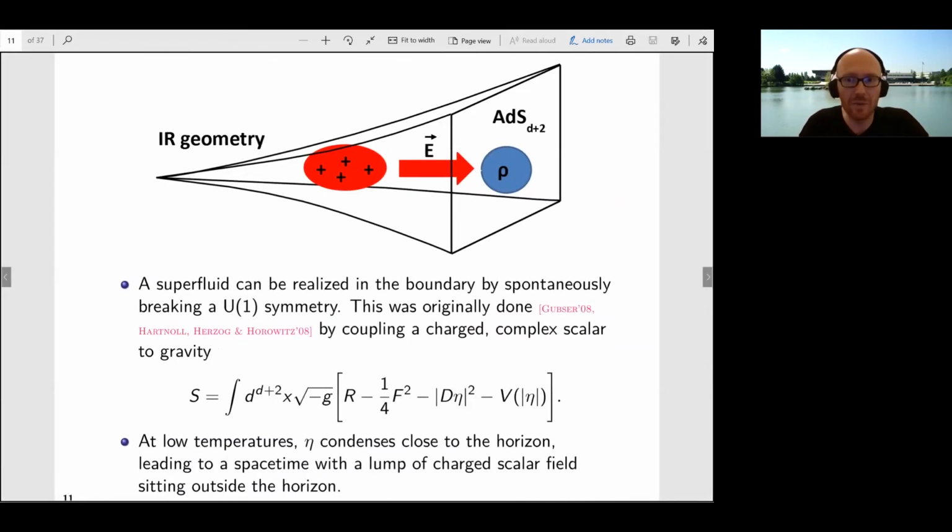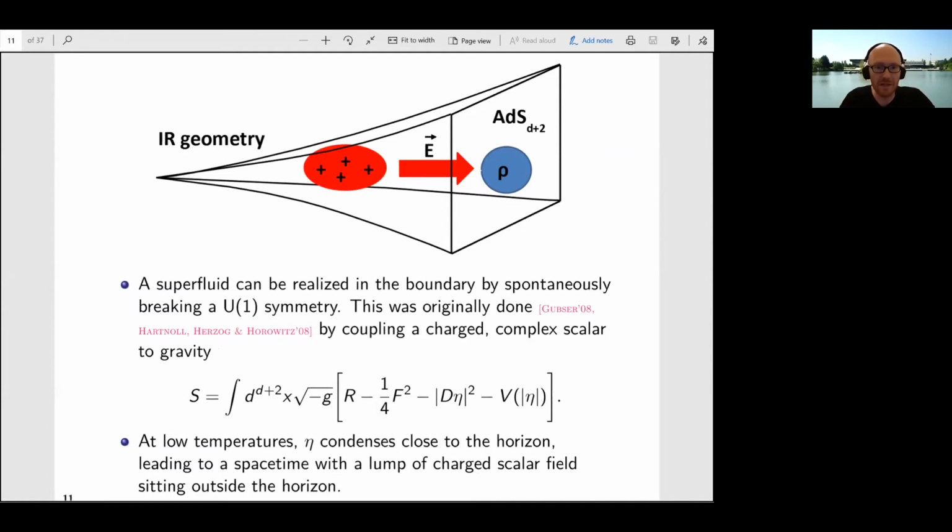So let me very briefly review holographic superfluids. It's known since 2008 that we can realize a superfluid in the boundary by spontaneously breaking a U(1) symmetry. Originally this was done by coupling a charged complex scalar to gravity. This is the charged complex scalar eta. It has some potential V, and there's a Maxwell field in the bulk and the usual gravity term.